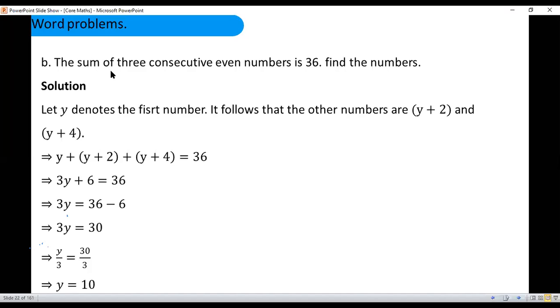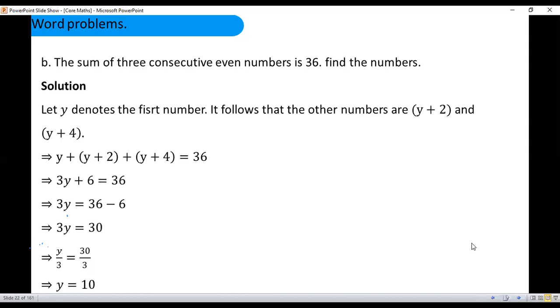The sum of three consecutive even numbers is 36. Find the numbers. Three consecutive means the numbers follow each other. A set is a well-defined collection of objects or data.